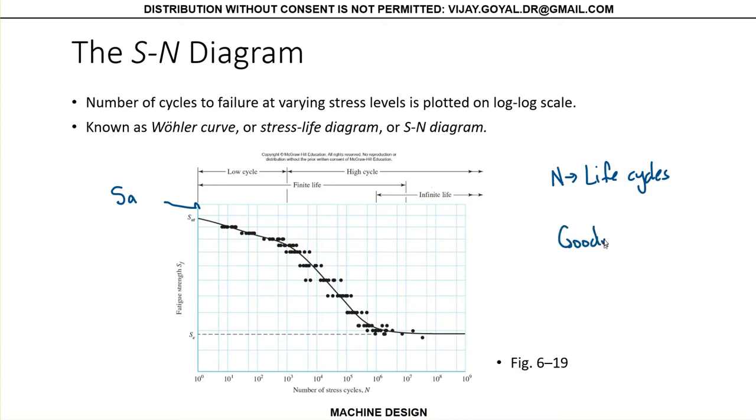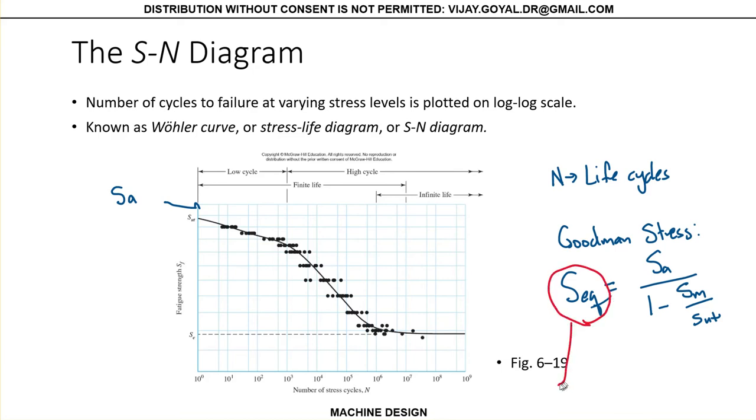Goodman stress, equivalent stress, and this applies to both brittle materials and ductile materials, with SM, SUT. Okay, this stress right here is the equivalent stress at fully reversed stress, and this stress is what actually is going to go in this plot here.